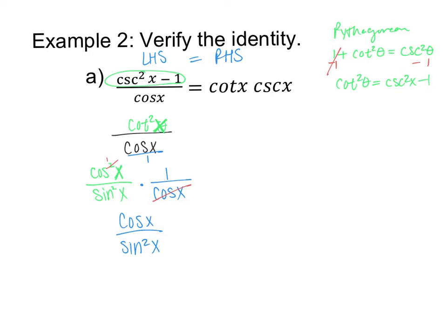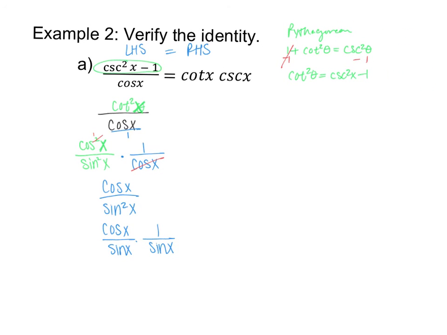Now, looking at this here, I have a cotangent here and a cosecant here. So maybe what I need to do is think about separating the sine so I can get cosecant, because cosecant is basically sine in the denominator. So if I separate this as cosine and separate the sine in the bottom like this, so what I've done is sine times sine is still sine squared.